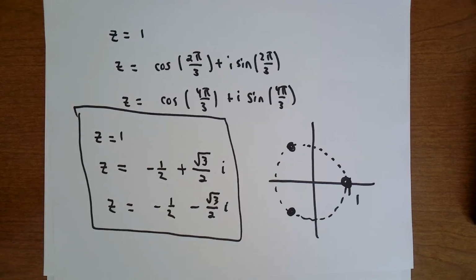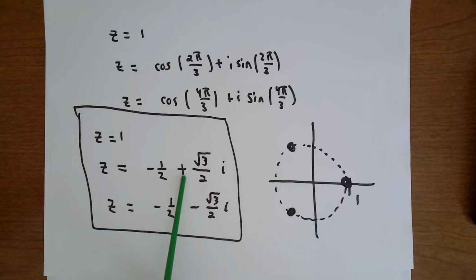The third one is the same as the second one, except the imaginary part has opposite sign, so it would be there. It looks as though the cube roots of unity are evenly spaced around the unit circle, with one of them being at the usual cube root of 1.